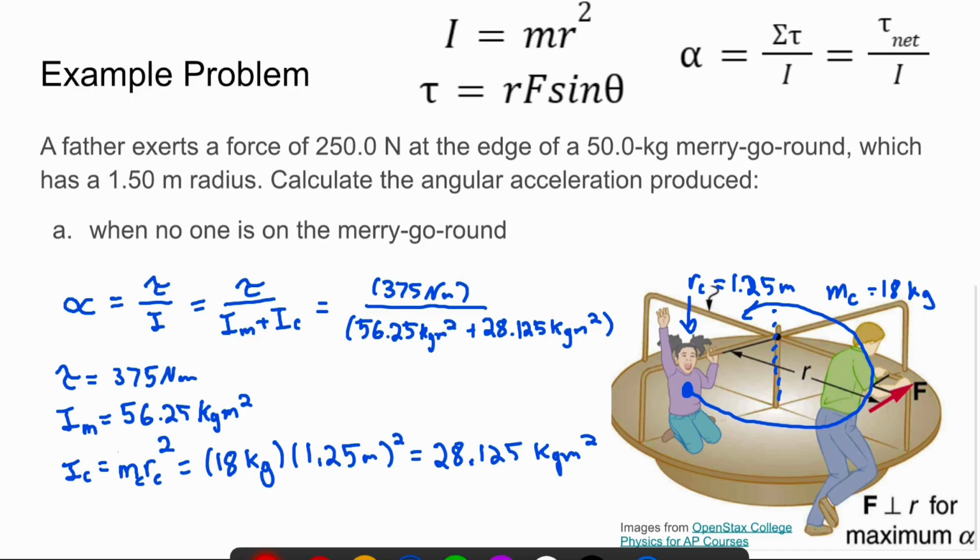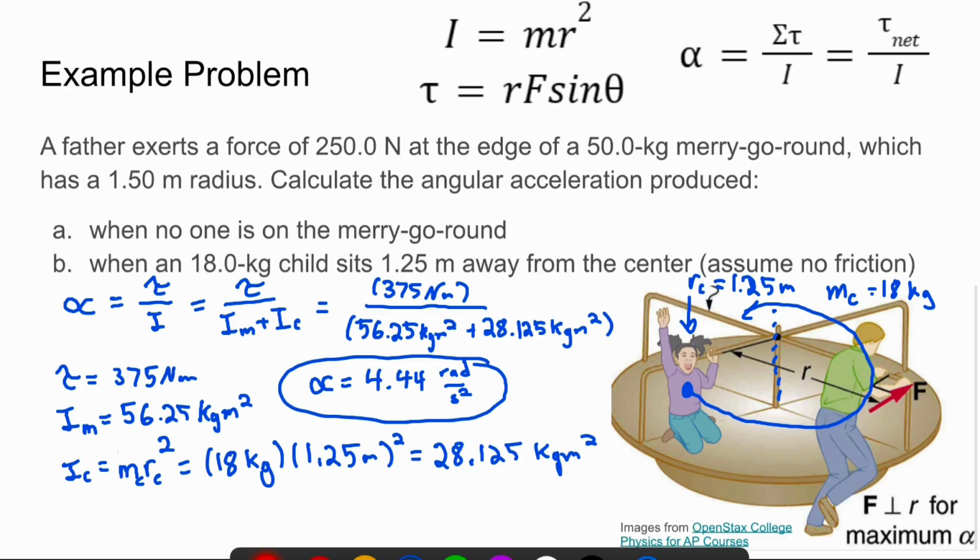All right, if we plug all that into the calculator, our angular acceleration now is 4.44. And again, our units should be radians per second squared because our kilograms and meters will all cancel out. You'll notice again that our angular acceleration is less now than when the guy was originally accelerating just the merry-go-round by itself.